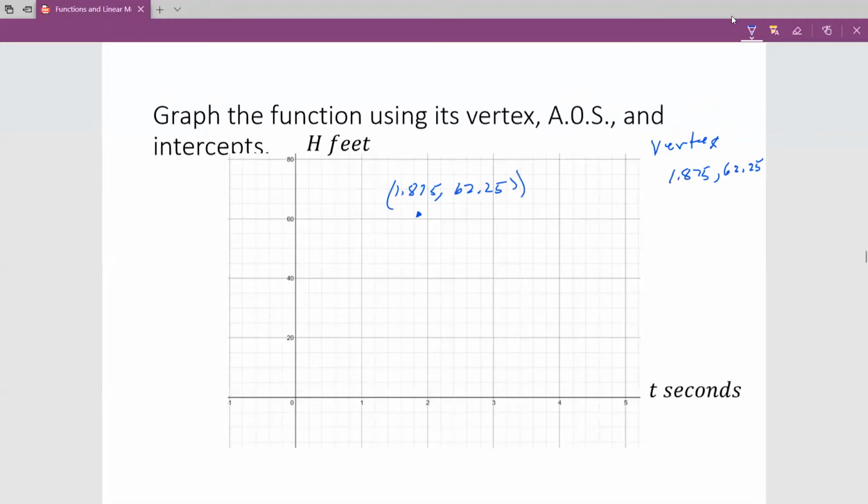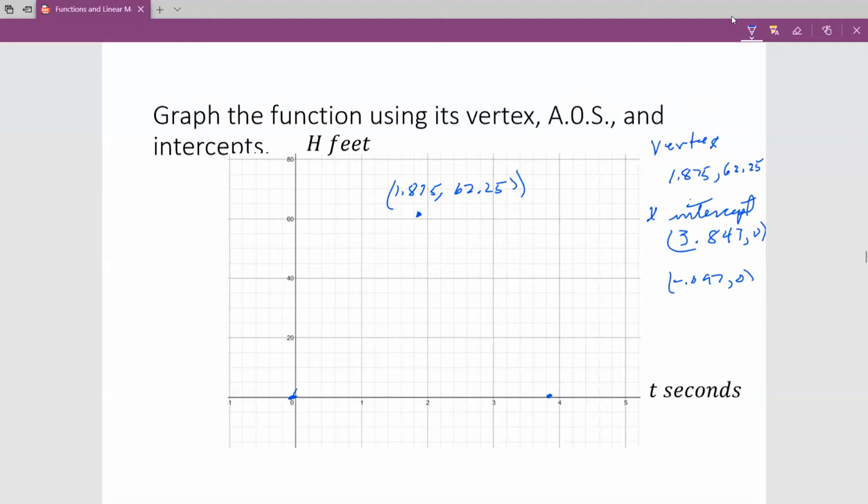The x-intercept was 3.847, and of course, y equals 0. And that would be about right here. The other 0 was slightly to the left of the y-axis, minus 0.097 and 0. So just right there.